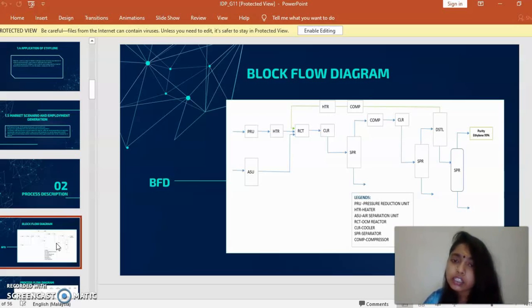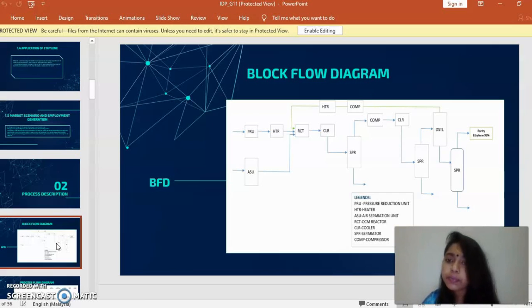In the OCM reactor, we have three inputs: the shale gas, the oxygen from the ASU, which supplies oxygen to the reactor, and the recycle stream from the distillation column.